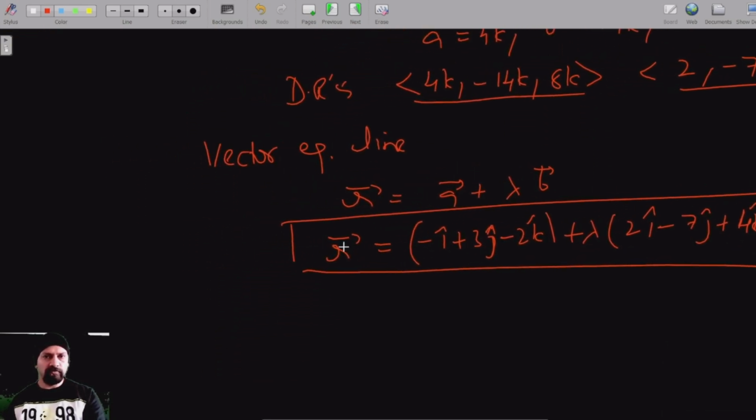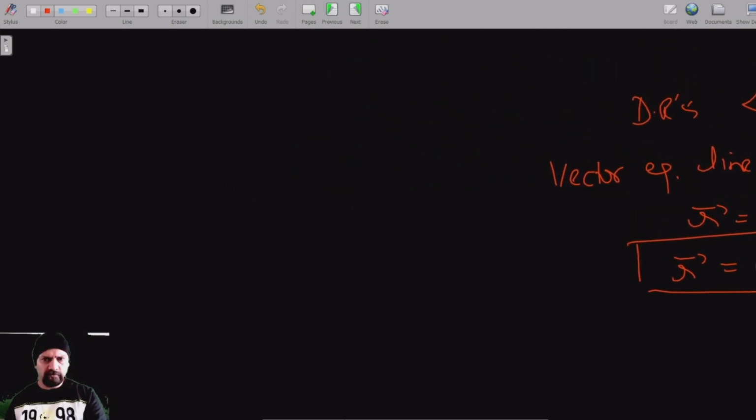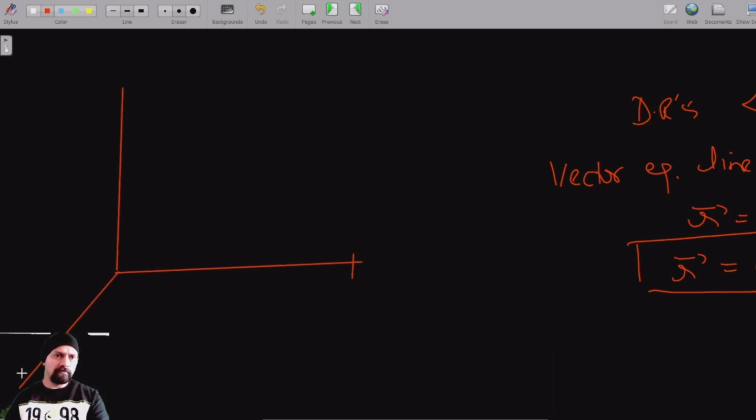And now we have to find the distance of this line from the origin. So let's say this is the space and this is our line L. This is the origin with coordinates 0, 0, 0.